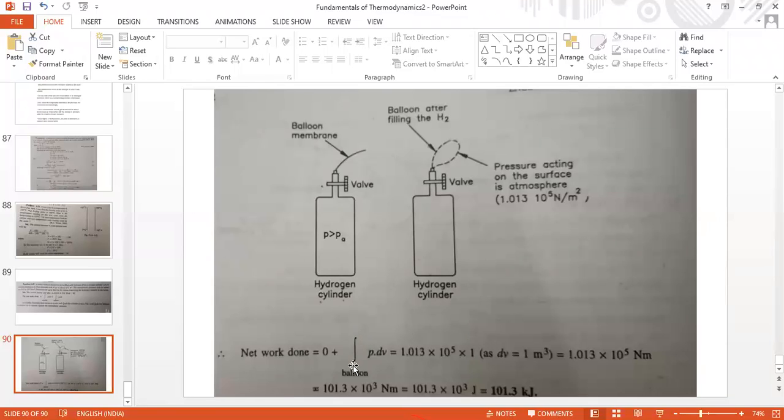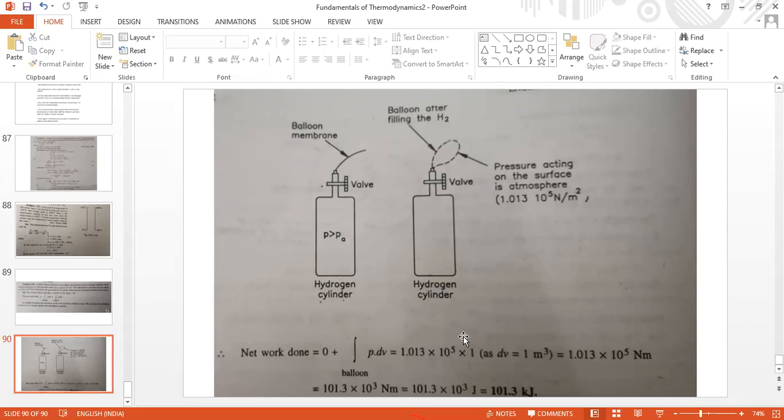The volume numerical values are not given, however you can put from 0 to 1. Integral dx from x1 to x2 is x2 minus x1, you remember. Like that, integral dV is 1 minus 0. P is a constant value, multiplied by 1 minus 0, where 1 is final volume and 0 is initial volume. Like that, the net work can be found.